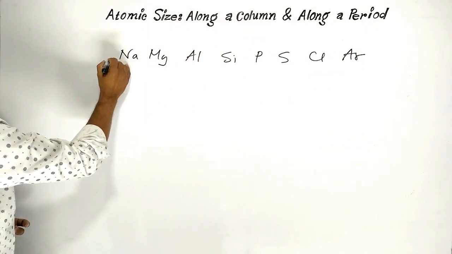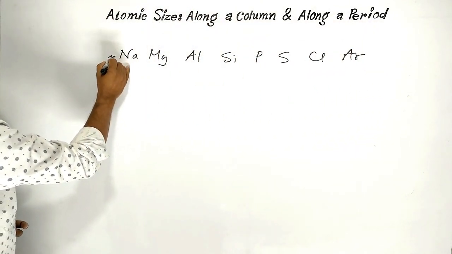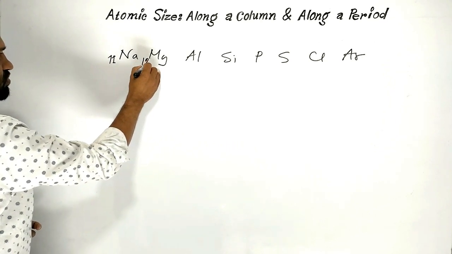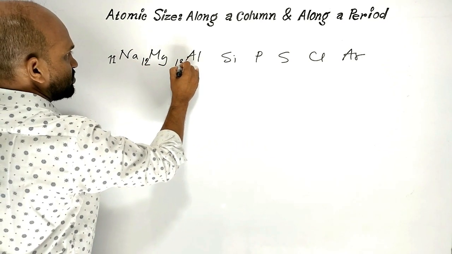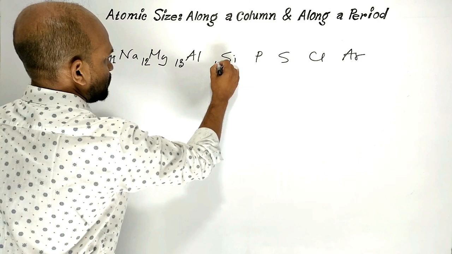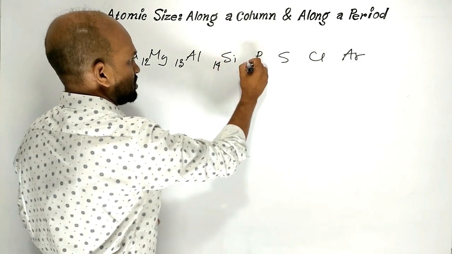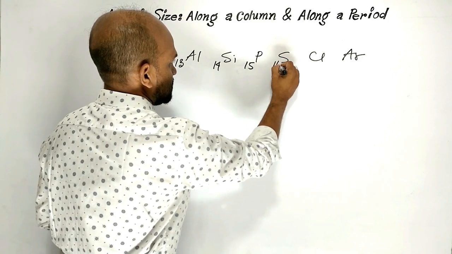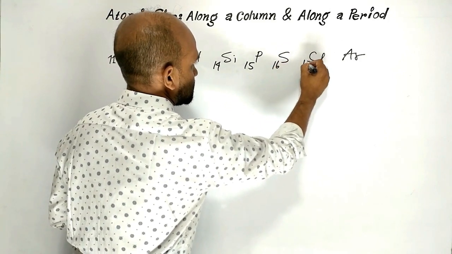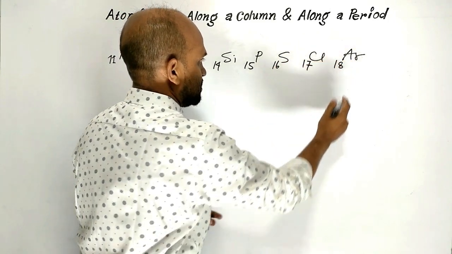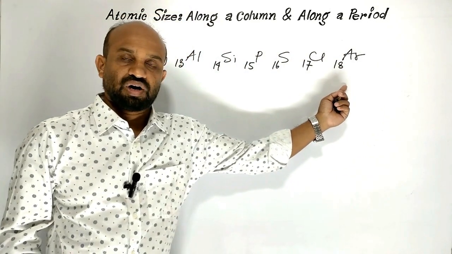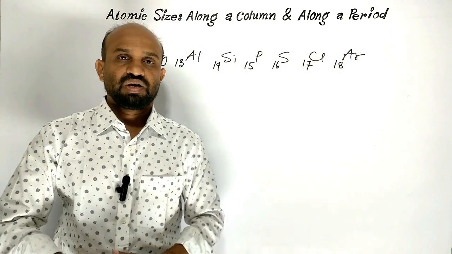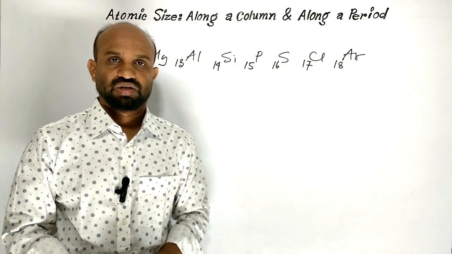The atomic number of sodium is 11, magnesium 12, aluminium 13, 14 for silicon, 15 for phosphorus, this is 16, 17, and 18 for argon. Let's see the electronic configurations of these elements.